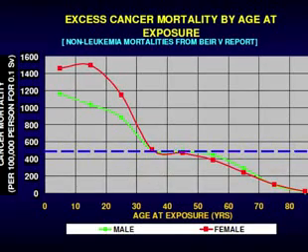Let me show you this here. This is the excess cancer mortality rate by age at exposure. This is basically 100 millisieverts of radiation, and the number of cancer deaths per 100,000 patients who were exposed to 100 millisieverts of radiation.